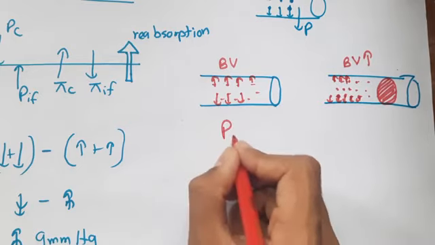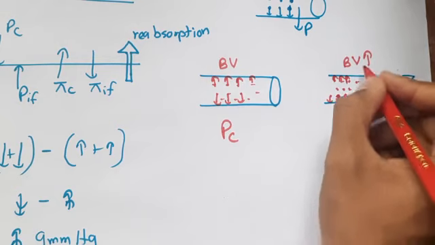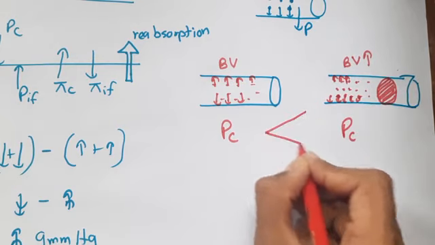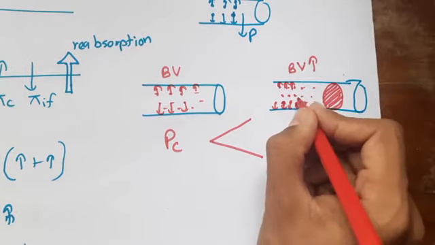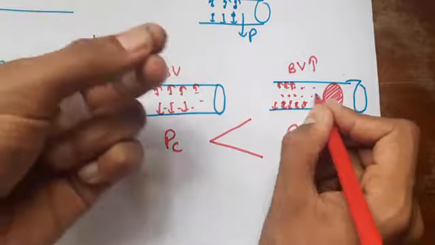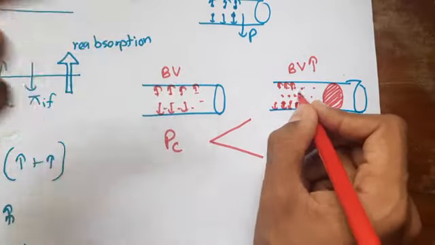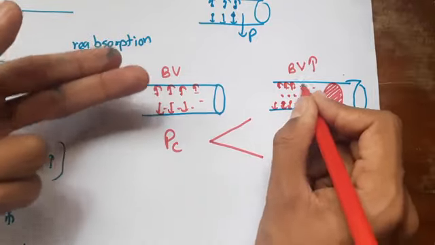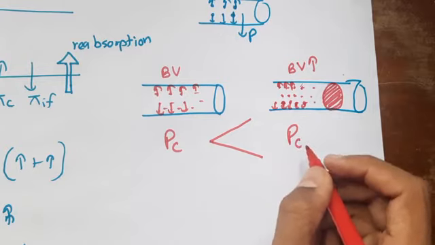Therefore, the normal vessel has a PC, but in the damaged, thrombus vessel, the PC value is much larger, because there are more particles due to the obstruction by the thrombus. More blood accumulates in the vein, the particles within the vessel increase, and this increases the PC value, or hydrostatic pressure.